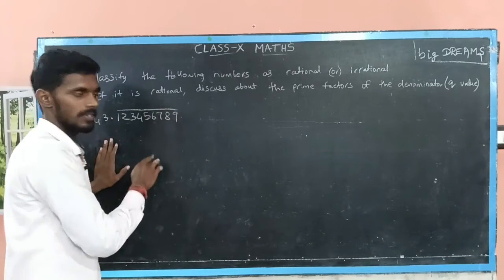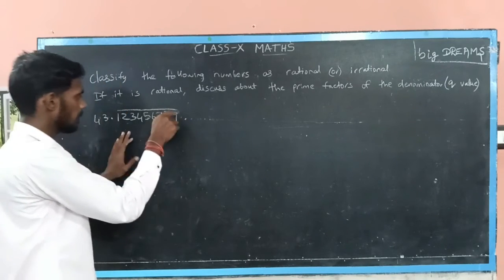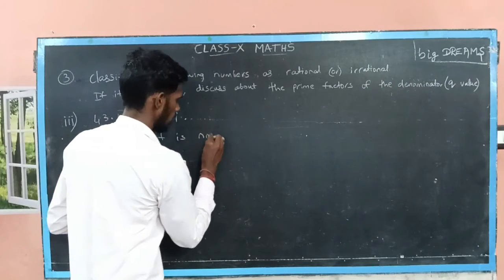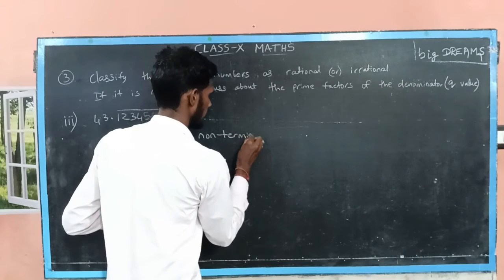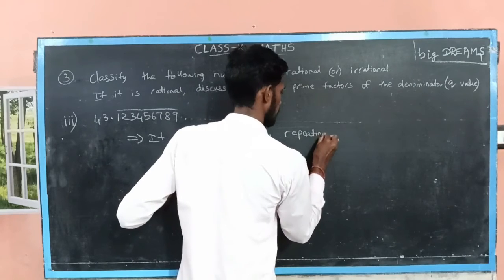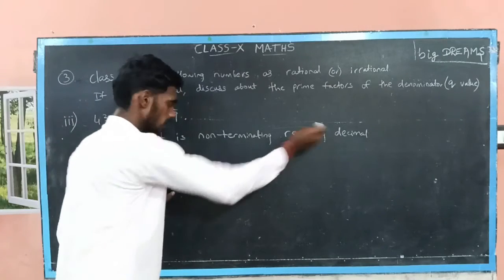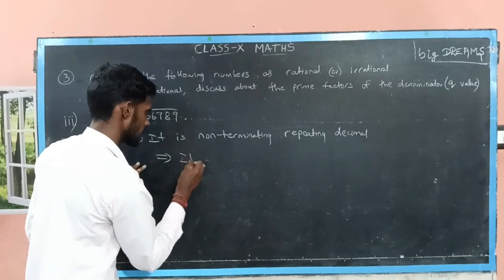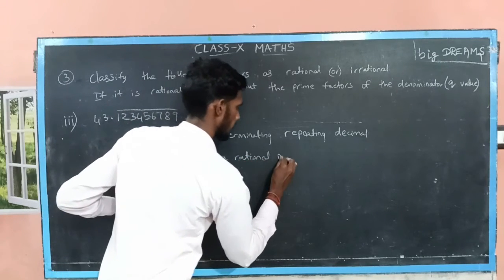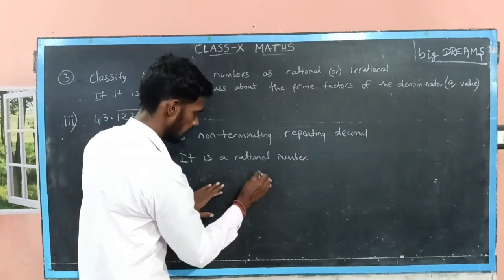43.123456789, the bar. So it means that it is not terminating. So it is not terminating, but it is repeating, right? It is a non-terminating repeating decimal. So a non-terminating repeating decimal will lead to a rational number. So it is a rational number, and it can be expressed in the form p by q.